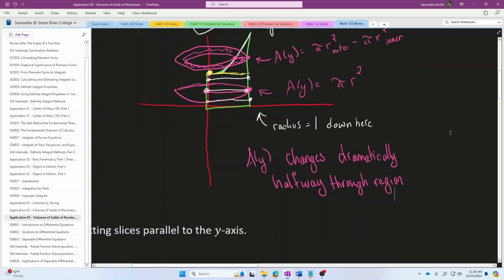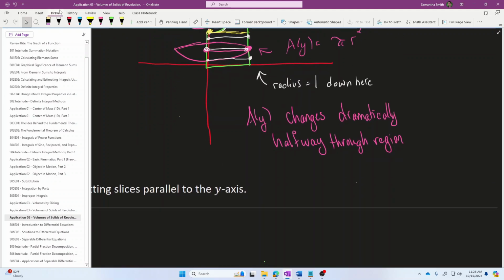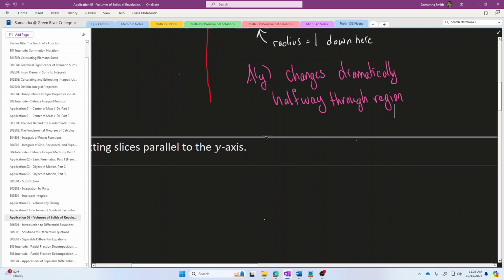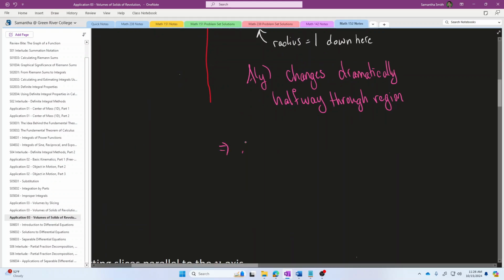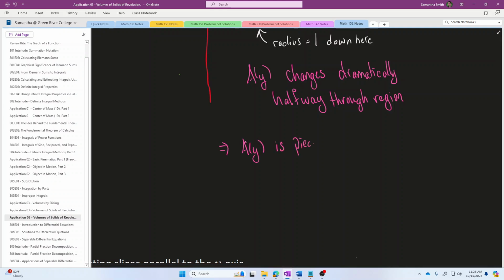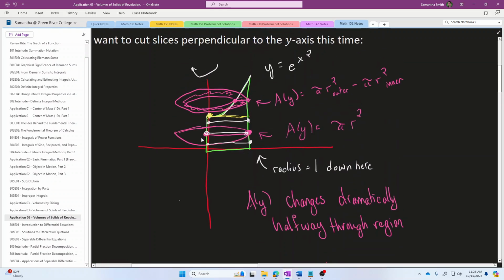Because of that, this A of y function would be piecewise. It would have one formula on the bottom of the region where the y values are small, and it would have a totally different formula on the top of the region where the y values are large.